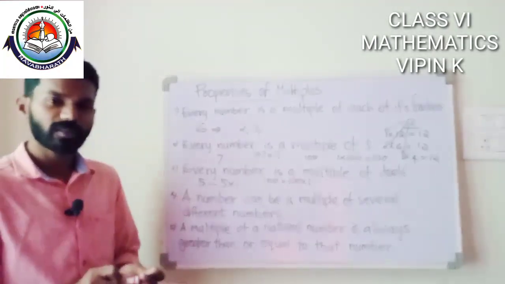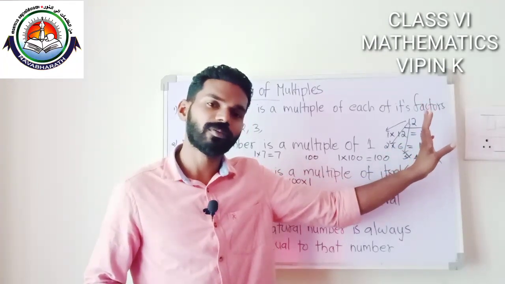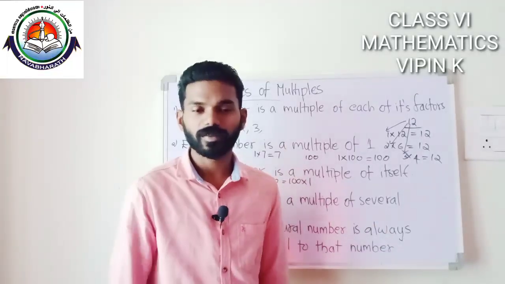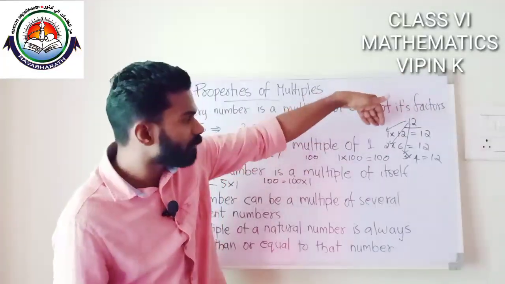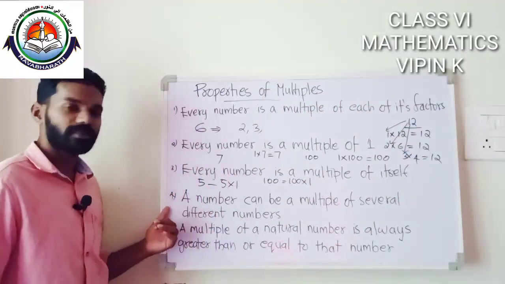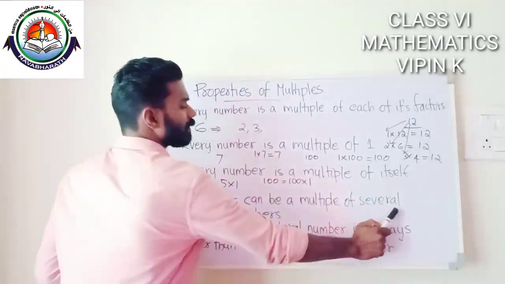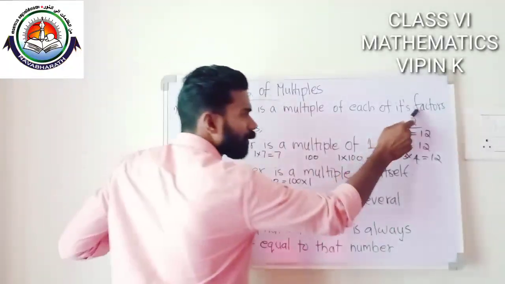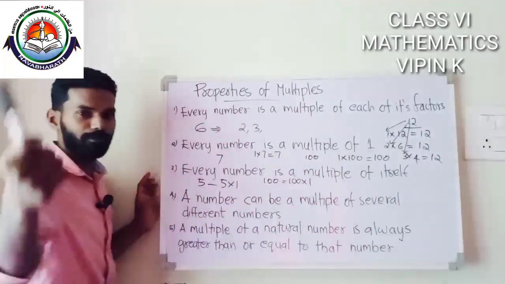So the number 12 is a multiple of all the numbers 1, 2 and 3. Which means the same number can be a multiple of several different numbers. That is what is referred to by this topic.